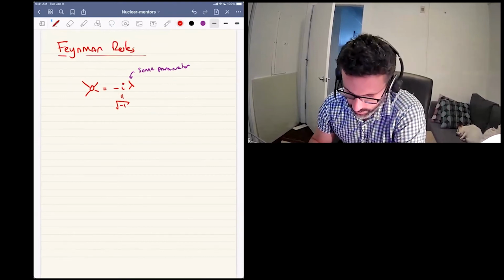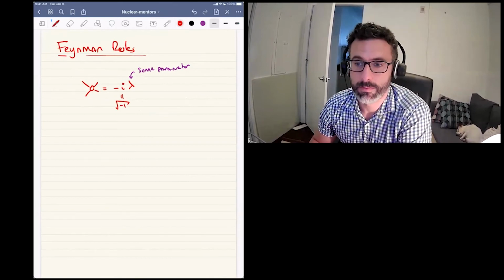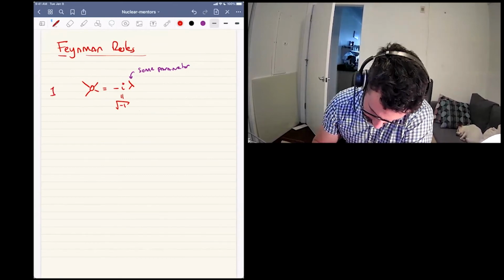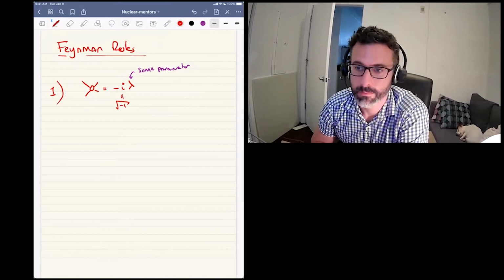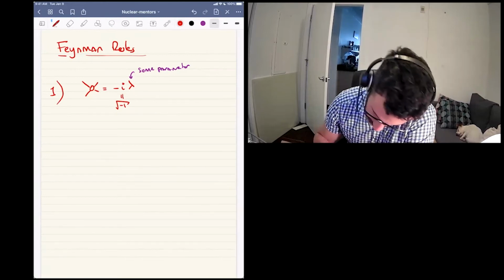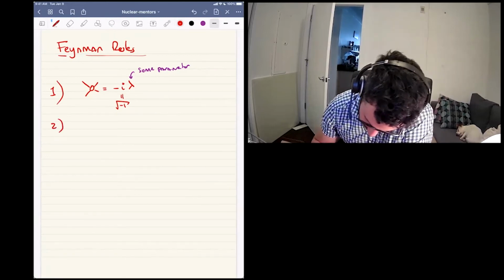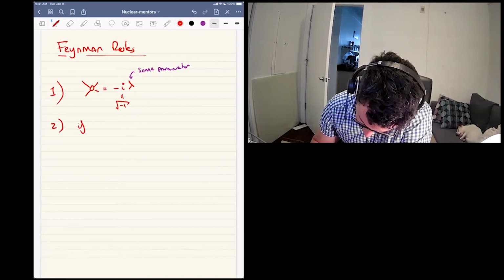Okay. All right. So rule number 1, vertices. Just that one. You get a minus i times lambda for each vertex. Okay. Rule number 2.